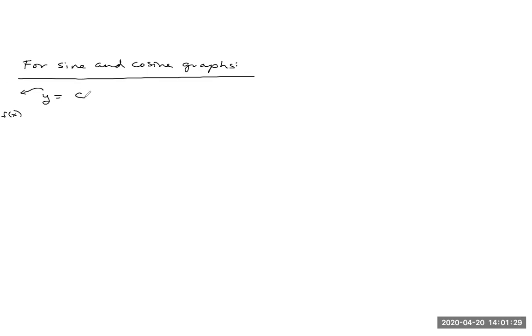We're going to have c plus a sine quantity b times x minus d, or y equals c plus a cosine b times x minus d, right?